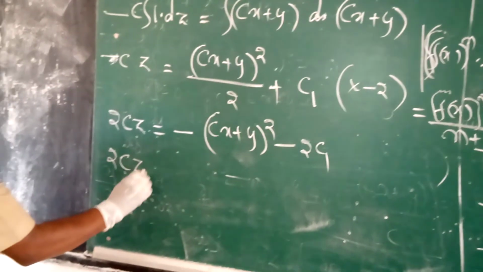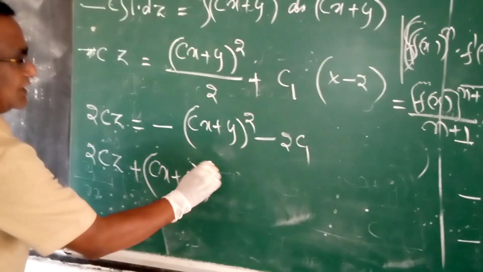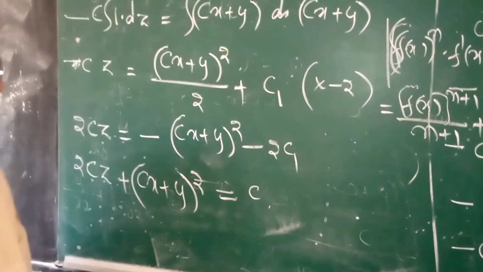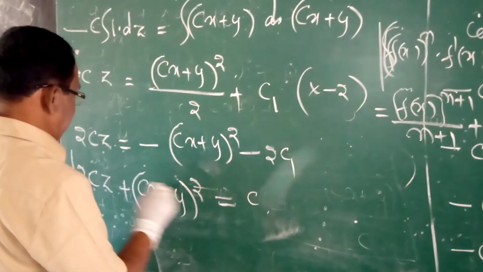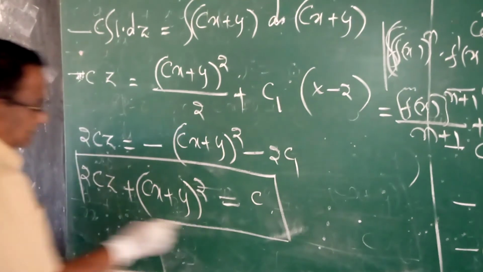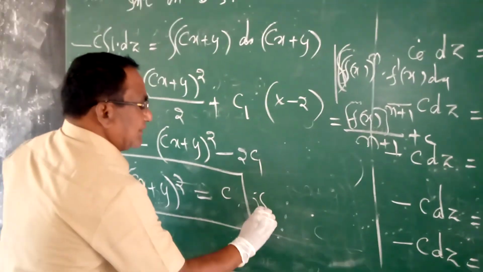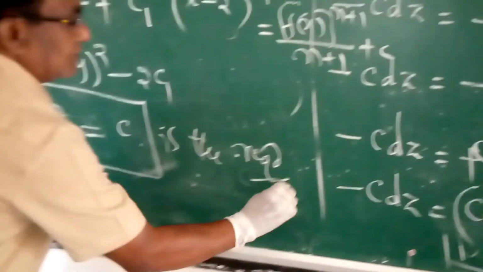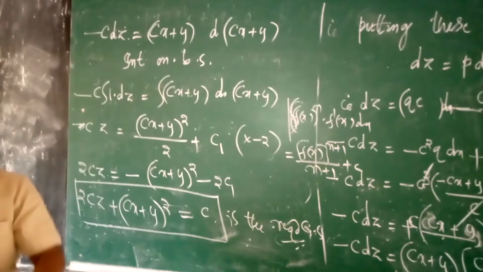It is nothing but 2Cz plus Cx plus Y whole square is equal to minus 2c1, which can be written as c. You can write it either in the left hand side or in the right hand side. This is the required general solution. Okay. Let's go to the next example here.